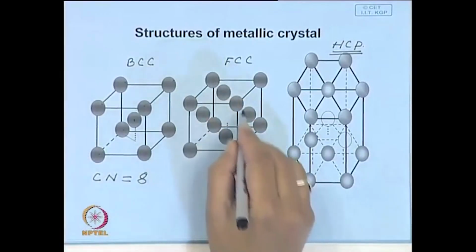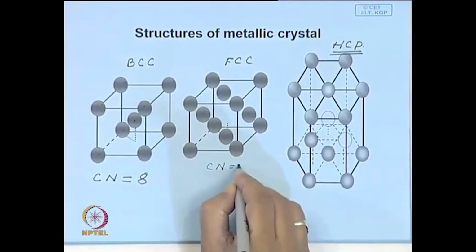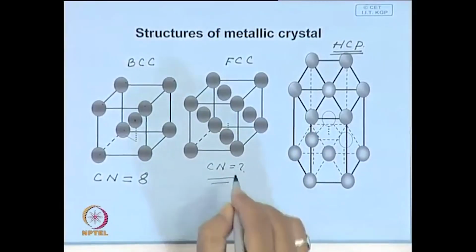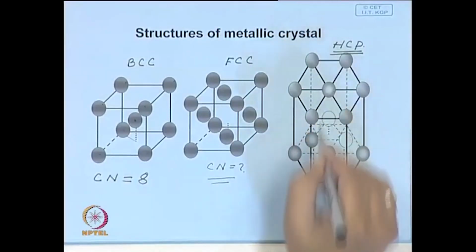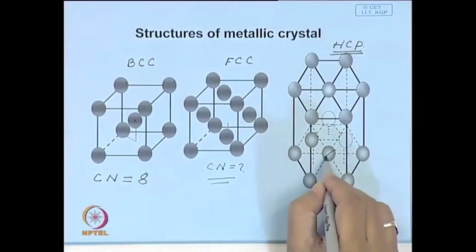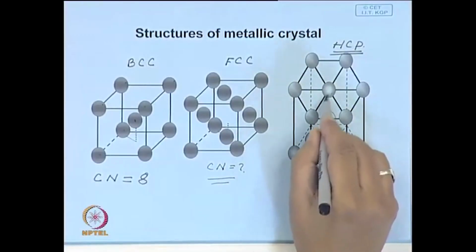And from this it is a little difficult to find out the coordination number. We will try and look at it a little later, but here it is relatively easy. You take this and try to find the number of nearest neighbors.